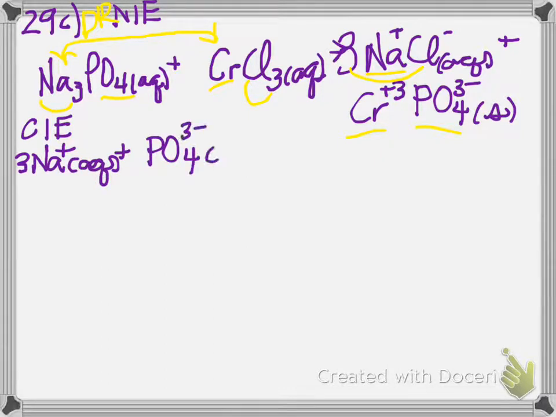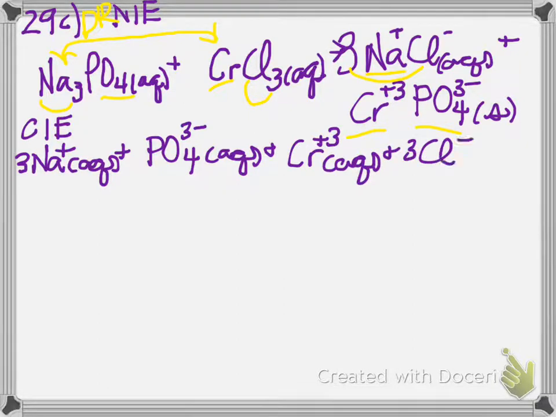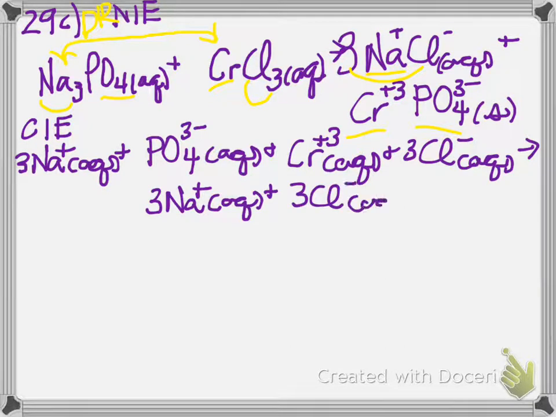Again, in my complete ionic equation, I'm breaking apart everything that's in the aqueous state of matter. Again, now I'm looking for my spectators. 3 sodium, so that's a spectator.